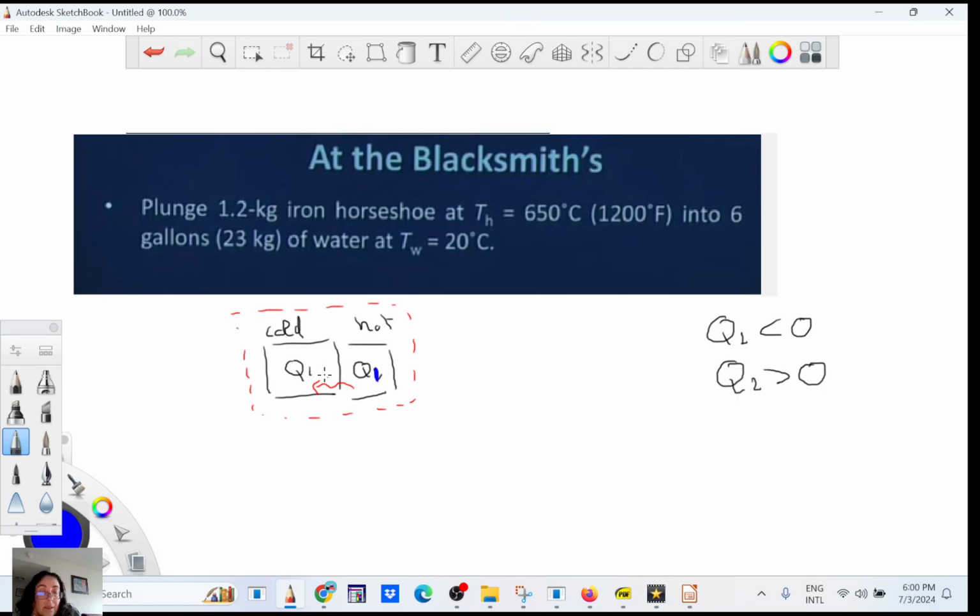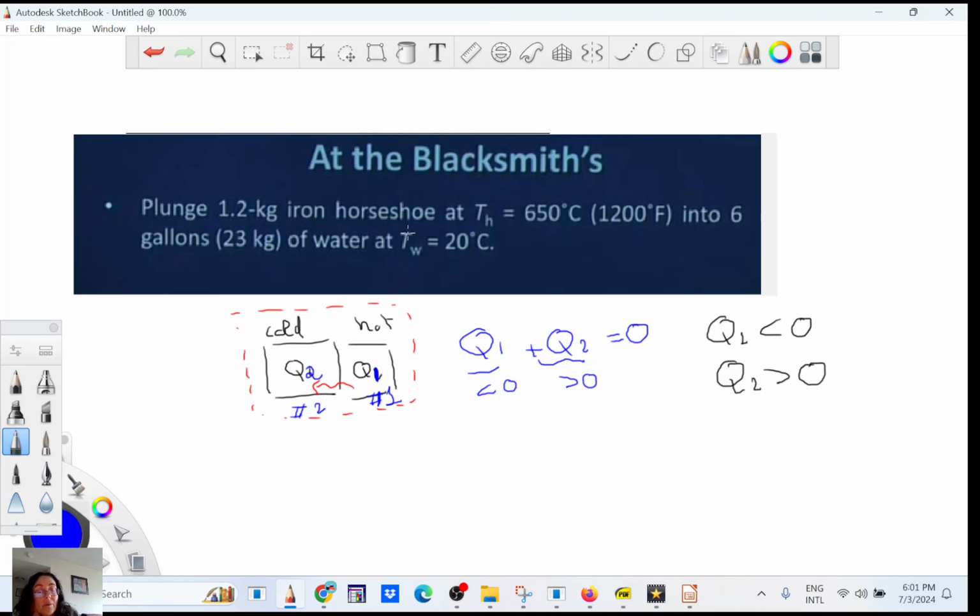Actually, that should be one and that should be two, because two is gaining energy, so Q is positive, and system one is losing energy. Okay, so this is conservation of energy, which means that Q1 plus Q2 equals 0. So this one is negative and this one is positive.